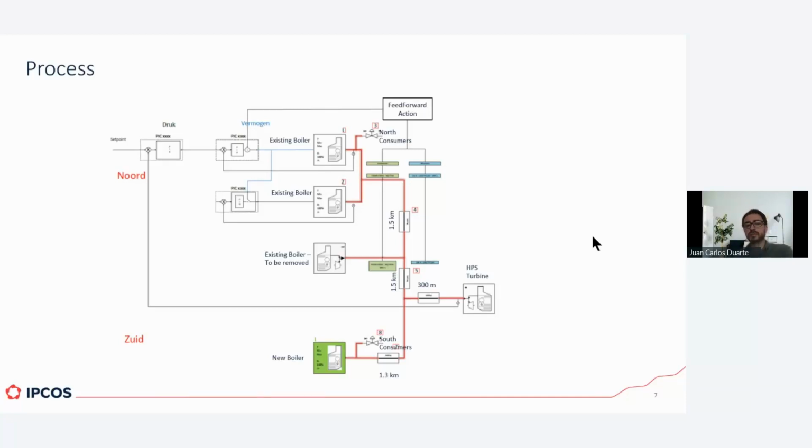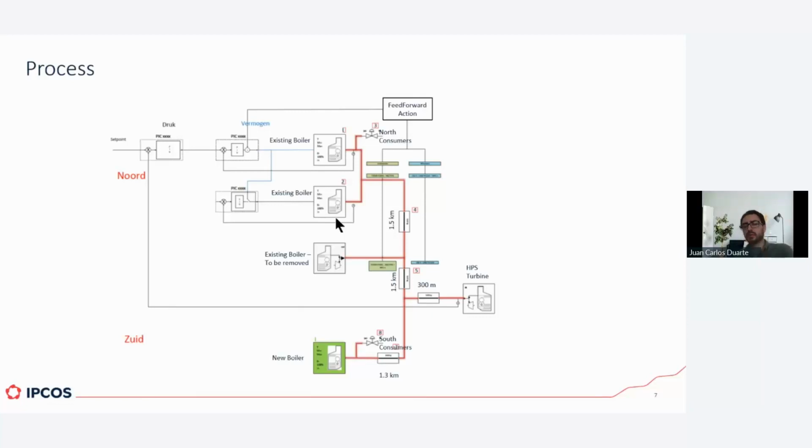The existing boiler, as you can see in the picture, was 1.5 kilometers from the two current boilers, but the one they wanted to install was almost 6 kilometers away from those initial ones. So you can imagine that a lot can happen in 6 kilometers of pipe.